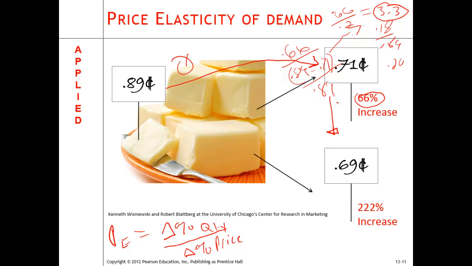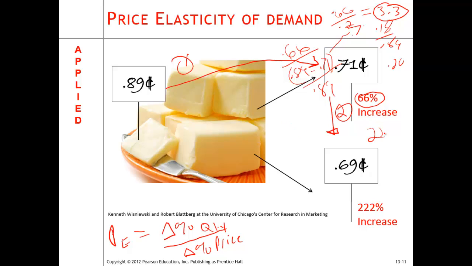If we further looked at the second move, a 2-cent change, which is equivalent to an approximate 3% decrease, would lead to a 222% increase.